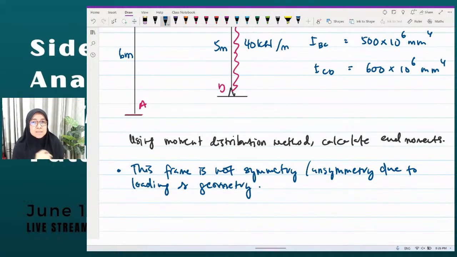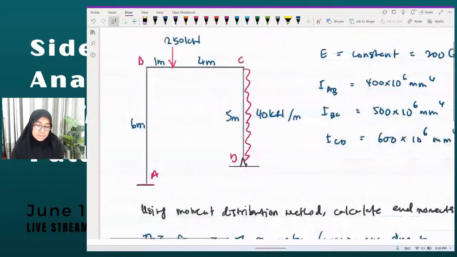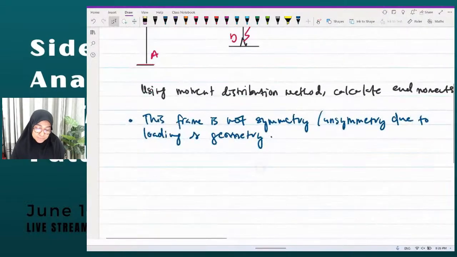The frame is unsymmetry due to loading and geometry. And it is unrestrained. What other info do we get from the frame?